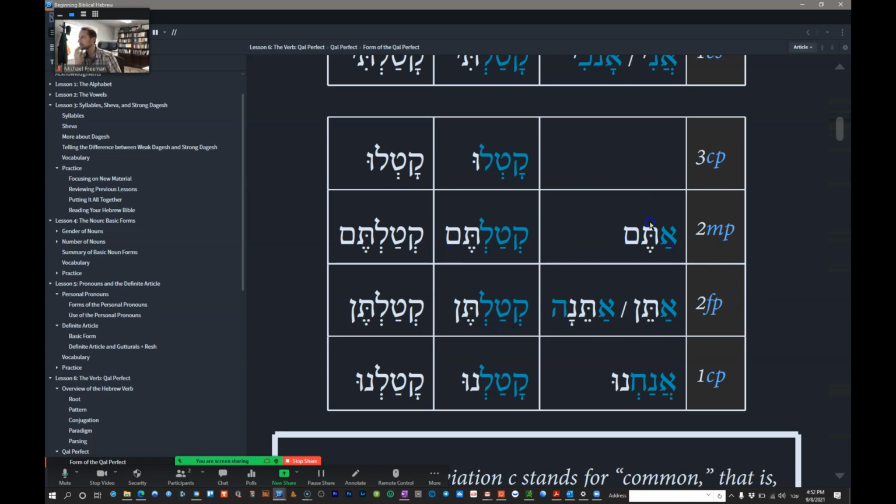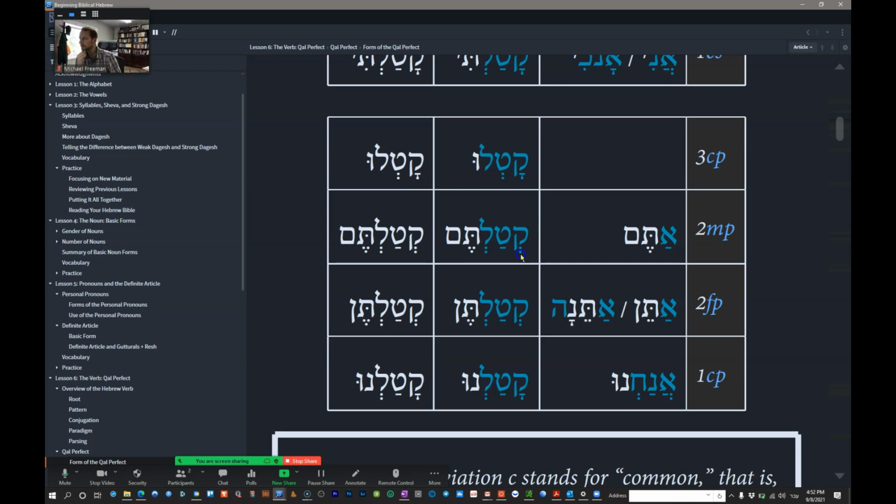Again, atem, we'll just take that tem off. Katal tem. Now you'll notice here, we didn't reduce the R2 vowel, we reduced the R1 vowel. Why are we switching which vowel we reduce? It's complicated.